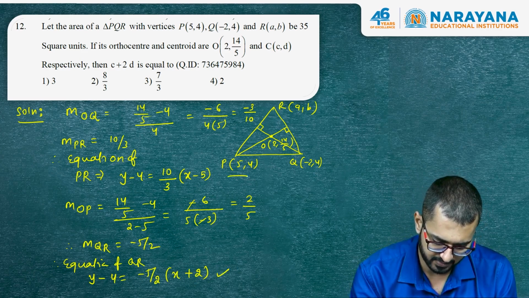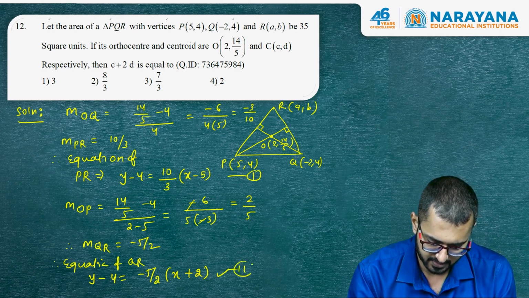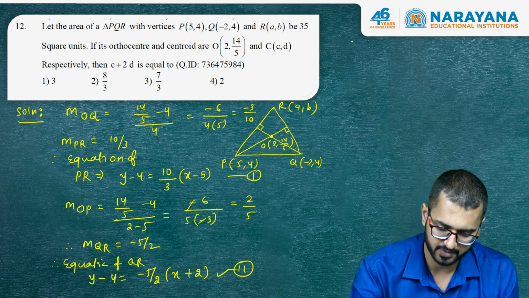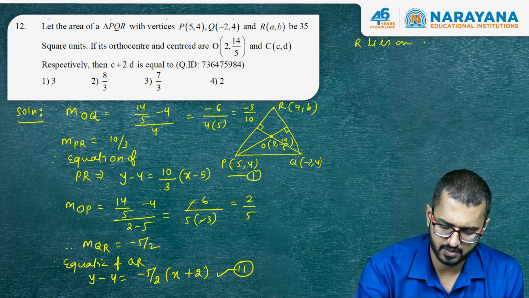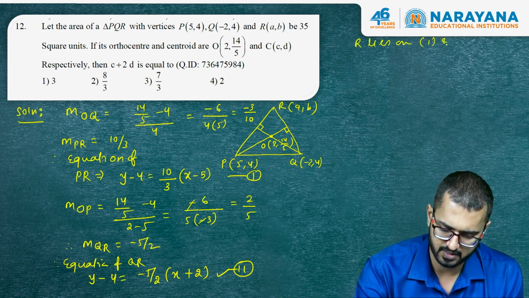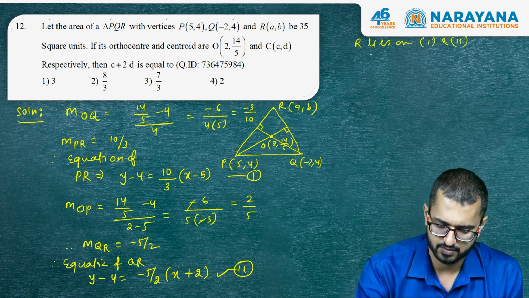So we have now this equation and this equation. Since a, b is R, R lies on equation 1 and equation 2. So now let us solve 1 and 2.